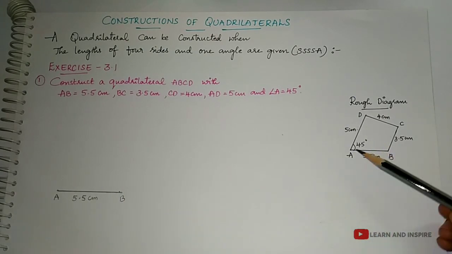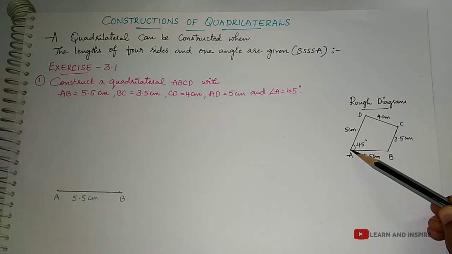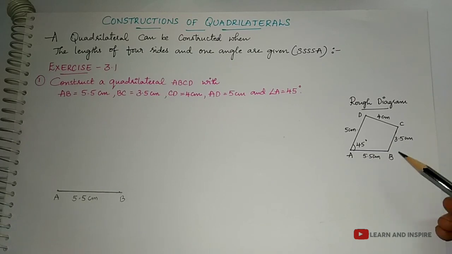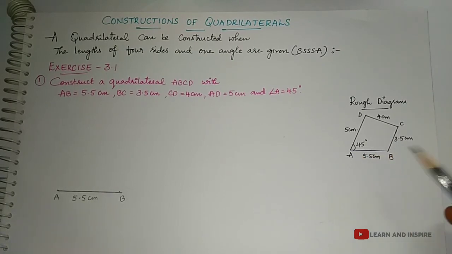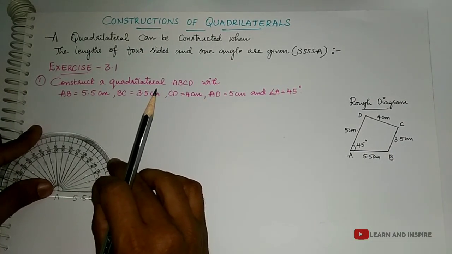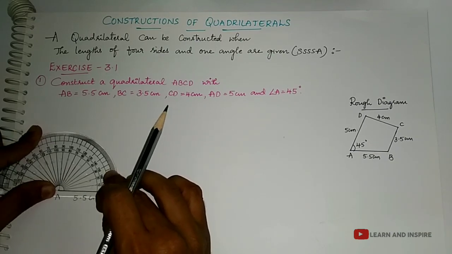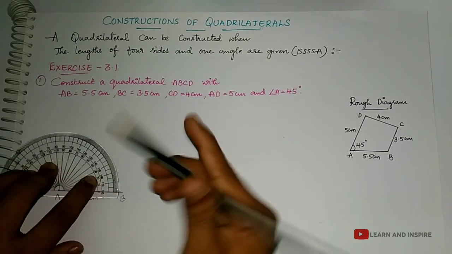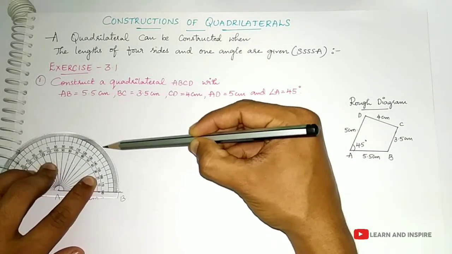Now what is step 2? Here the angle is given as 45 degrees, so angle A equals 45. We have to construct an angle of 45 degrees with the help of a protractor. With A as center, construct an angle of 45 degrees. Place the protractor's center point at A, and we need to measure the angle of 45 degrees. 45 degrees lies between 40 and 50.